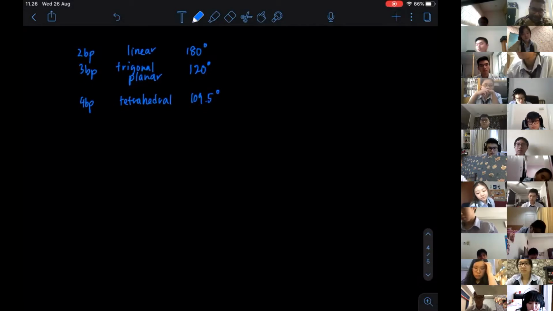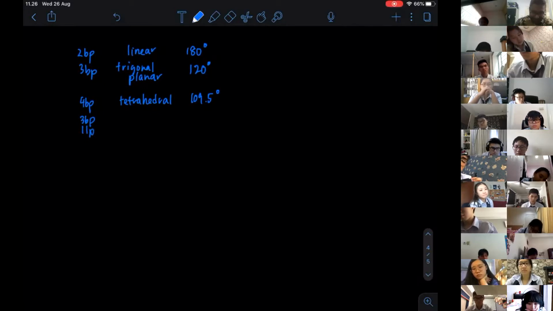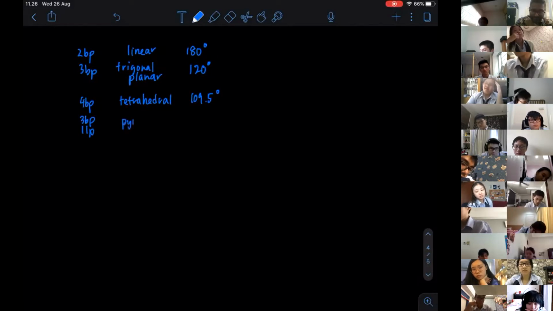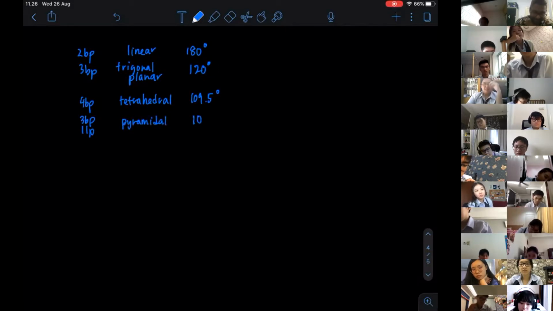So we have variations of 4 bonding pairs. 3 bonding pairs and 1 lone pair, that is going to be Frederick. What is the shape? Pyramidal. The bond angle? 107.